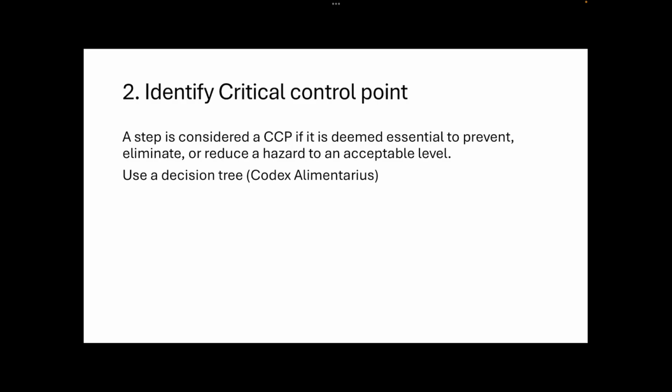So what step is necessary to destroy those bacteria? Obviously, it is cooking. So that step has to be a CCP. You're processing milk. There is a step in the milk that will ensure that the most bacteria are destroyed, and that step is pasteurization. Right? So those are critical steps.